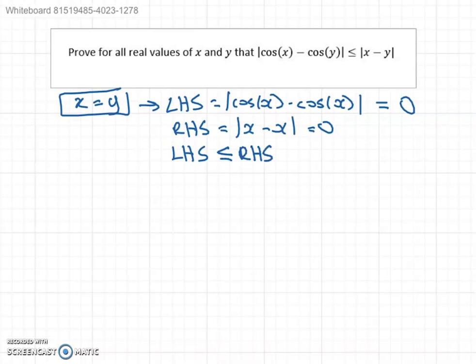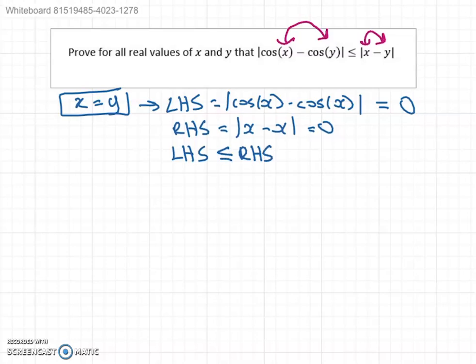Okay, it turns out there is symmetry between x and y, because if we switch x and y around, we still have the identical inequality because of the absolute value signs.